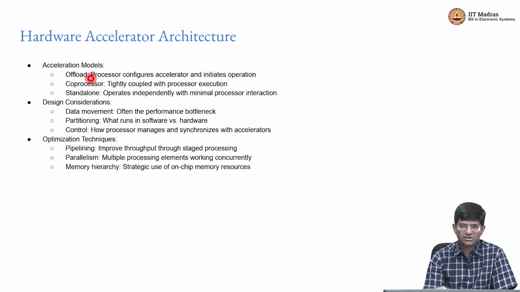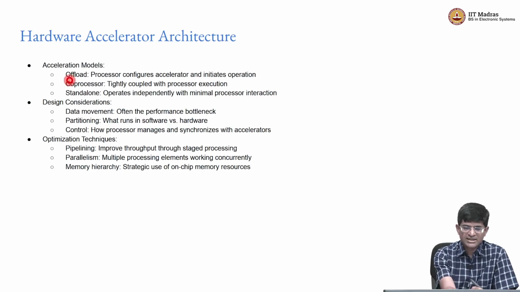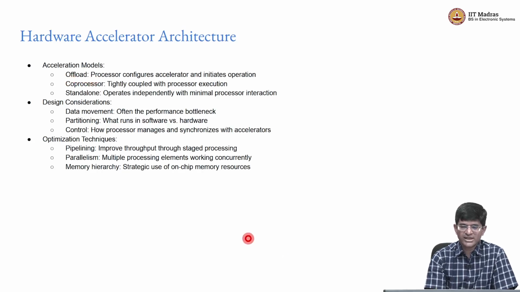It's used primarily in the sense that it speeds up computation, but the primary thing it's doing is a so-called offload. It's basically taking something that could have otherwise been done by the processor, but now the processor just configures the accelerator and initiates operation, and the offload engine then takes care of performing the computation.